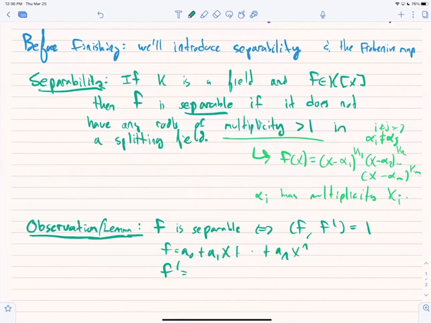So f prime is equal to a1 plus 2a2x plus 3a3x squared, up to n an x to the n minus 1. You just differentiate this like you'd differentiate a polynomial over the real numbers, and this formula still makes sense.